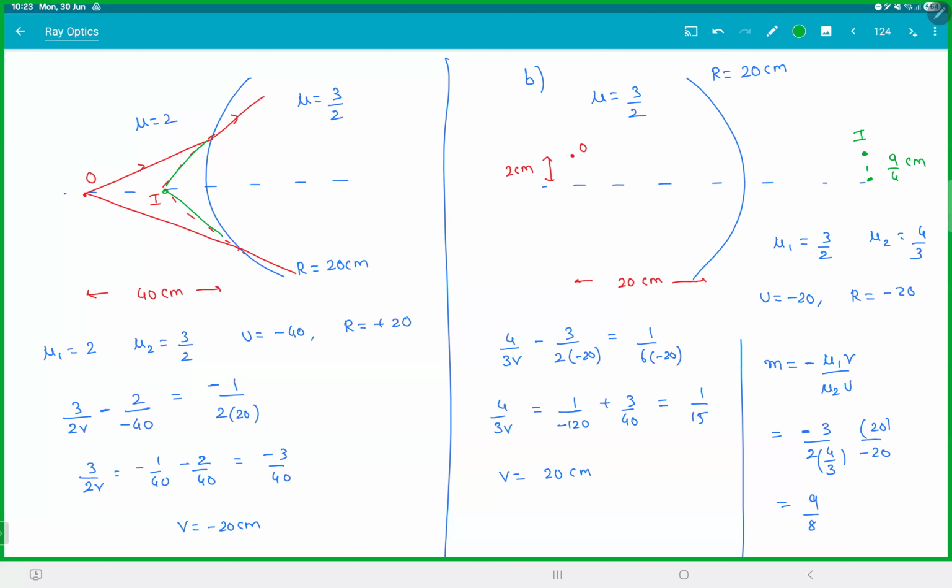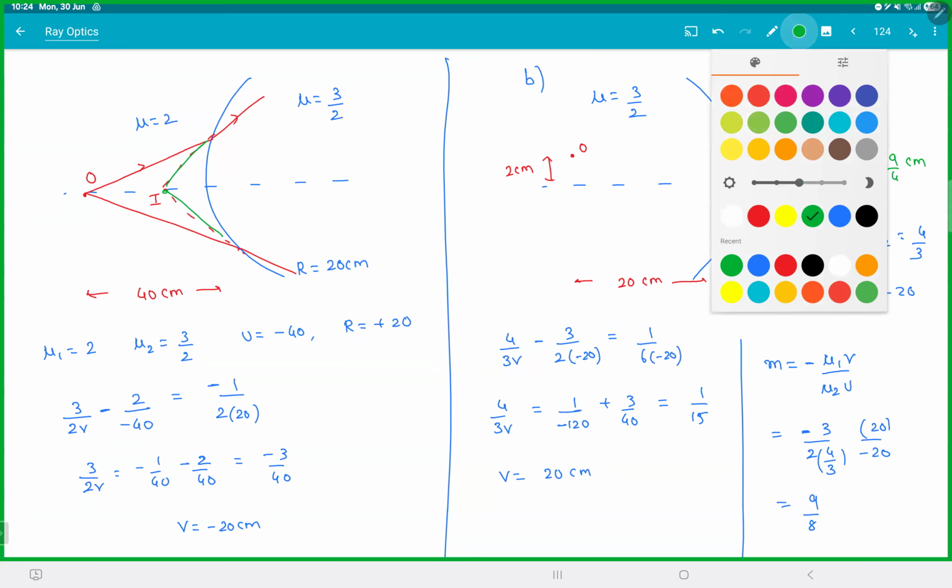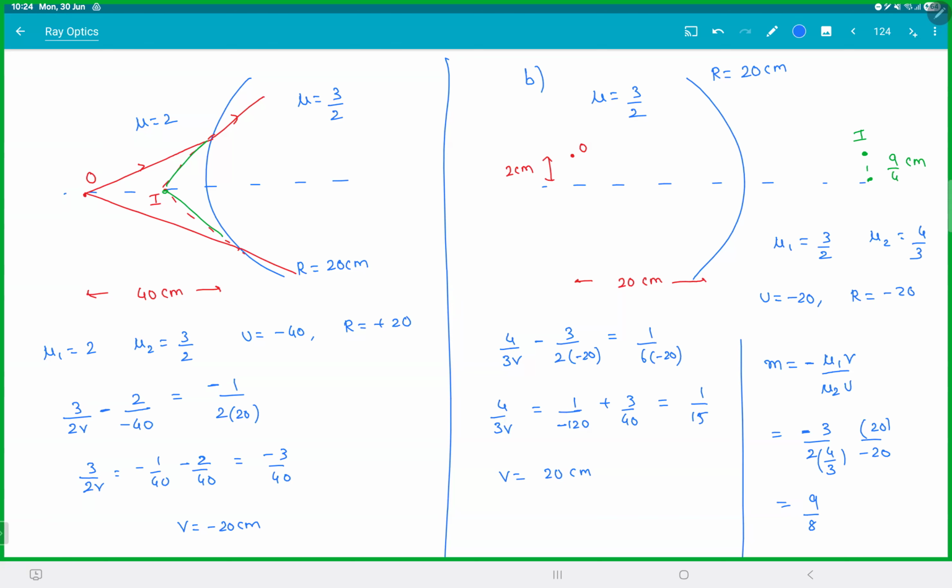Four by 3 minus 3 by 2 is minus 1 by 6. So that's minus 1 by 6. This will become plus then. This will become minus. I did 2 mistakes. Am I still right? No, no. This will be then minus 1 by 15.